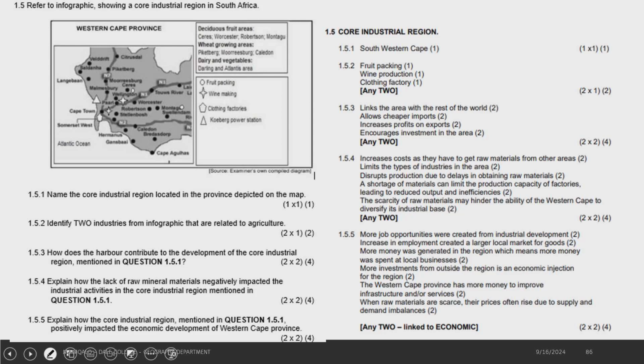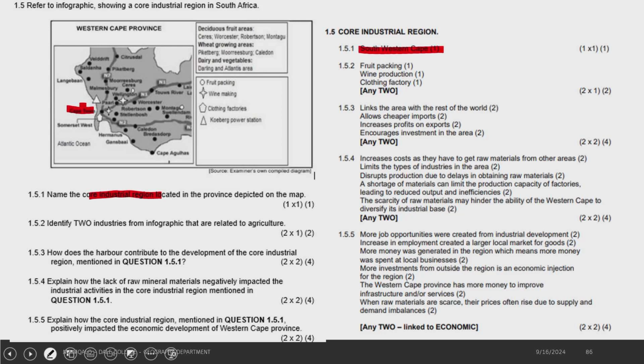Okay, here is an industrial question on the Western Cape. It says, name the core industrial region located in the province depicted on the map. Southwestern Cape. You can clearly see Cape Town there, so ding ding, that should trigger it. Identify two industries from the infographic that are related to agriculture.